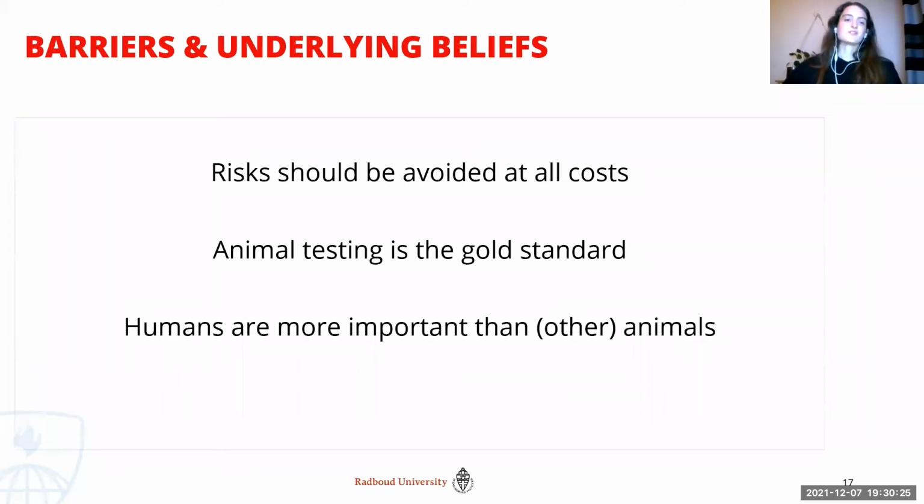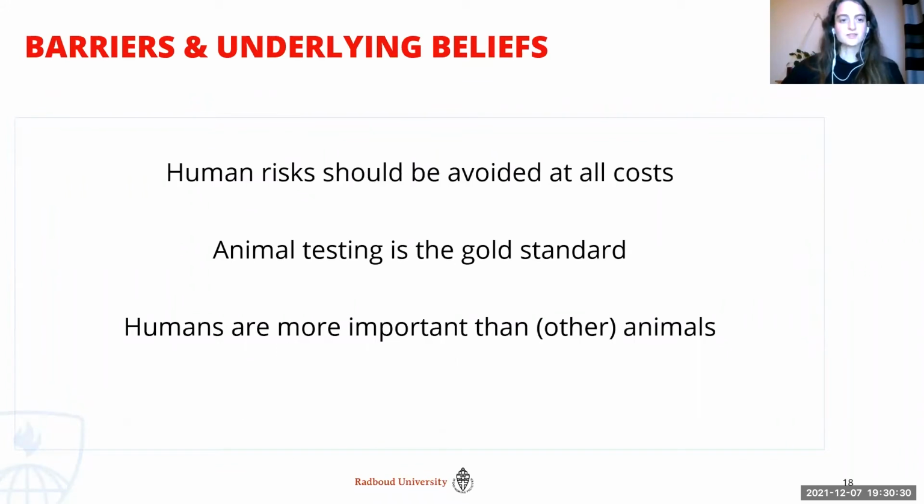So this belief means that when we say risks should be avoided at all costs, what we mean is human risks should be avoided at all costs. Because if you look at those experiments, the risks for the mice and the monkeys were extremely high, almost guaranteed that they would die in the experiments. So it's not their risks that we want to avoid, it's our human risks.